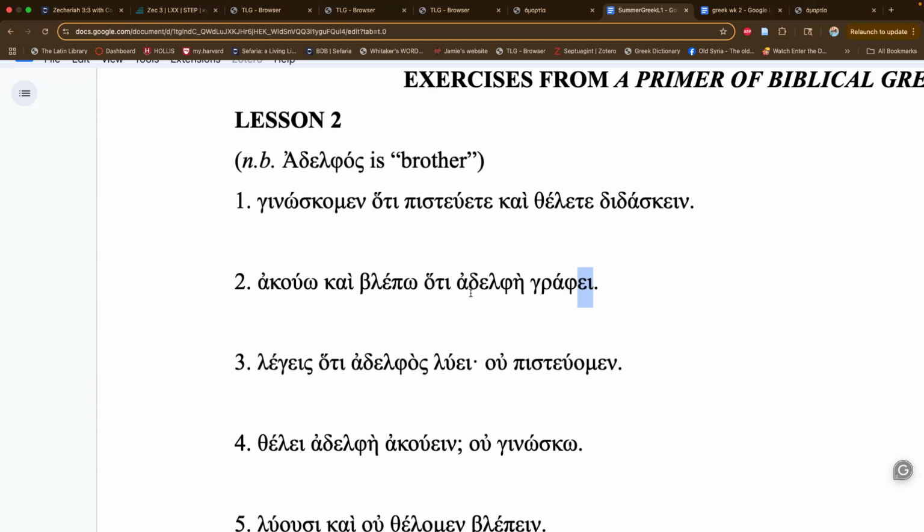In fact, there's a lot of cases where there will be an implied "my" or "his" or something like that. So you have a lot of options to translate it. I would probably go either a sister or my sister, but just to make it sound nice in English, you can have some liberty with translation.